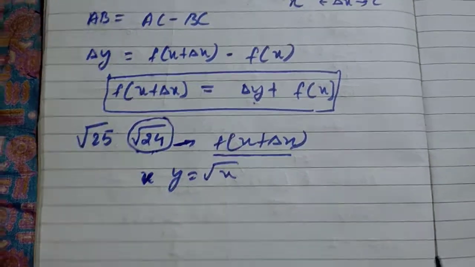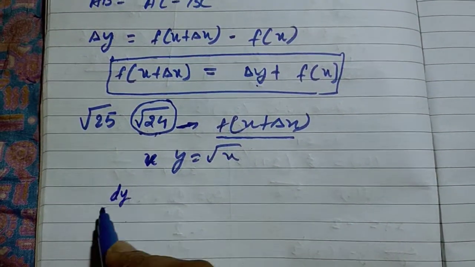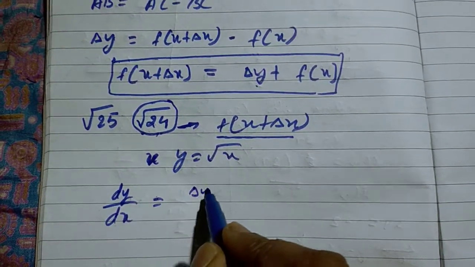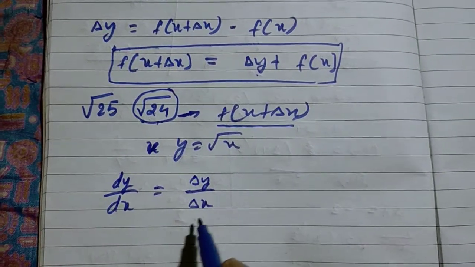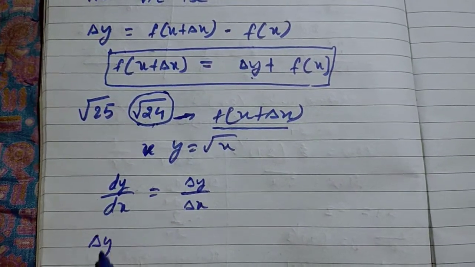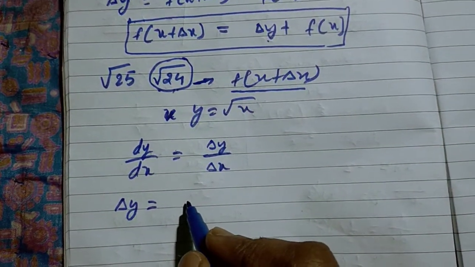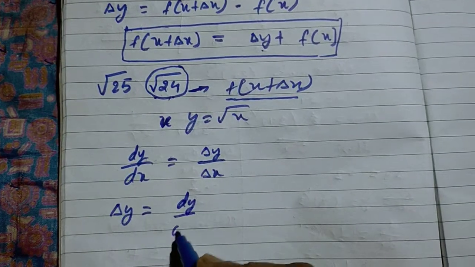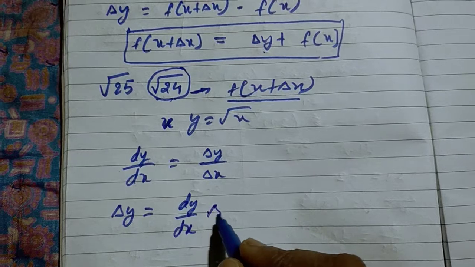Now one more thing. See, dy by dx approximately delta y by delta x. So from here again we'll get the value of delta y. Delta y is equal to dy by dx into delta x.